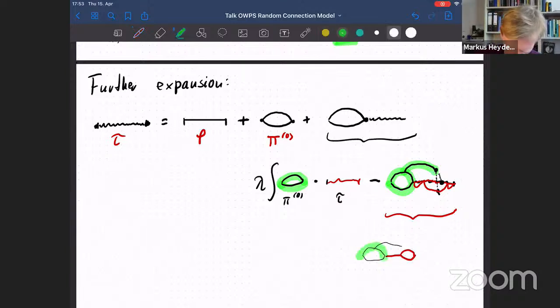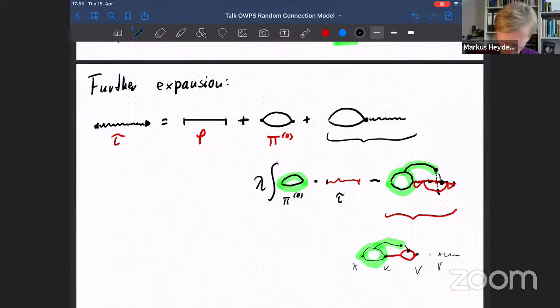Sorry, it's green, and then there is, so this one was going into here, and so let's give some names. So here was X, here was the point U, and there's maybe a new point V, and then we have that this point V is connected to the final destination Y. Yeah, again, we do the same game again.